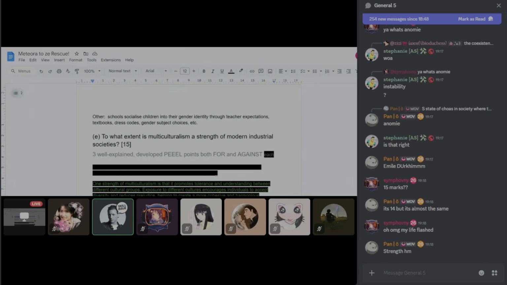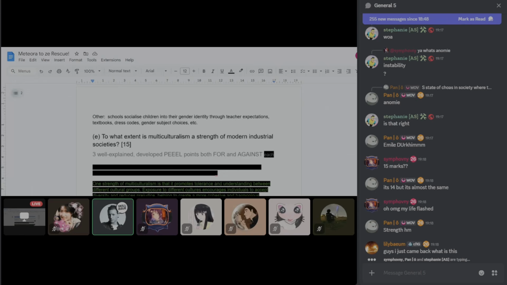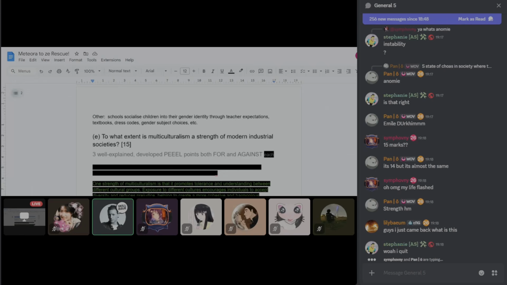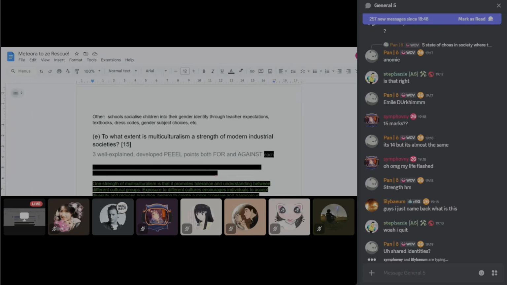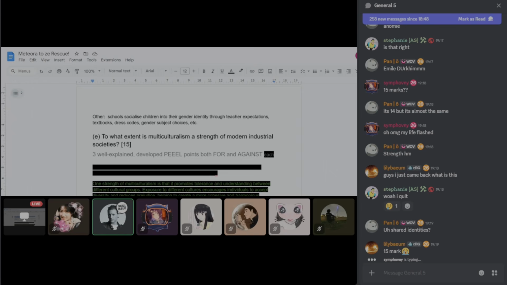Okay, I forgot to explain how to answer this. There are three well explained, developed PEEL points, both for and against. Six paragraphs: three paragraphs for, three paragraphs against, and in the end, you will have one conclusion. This is the 15 marker.